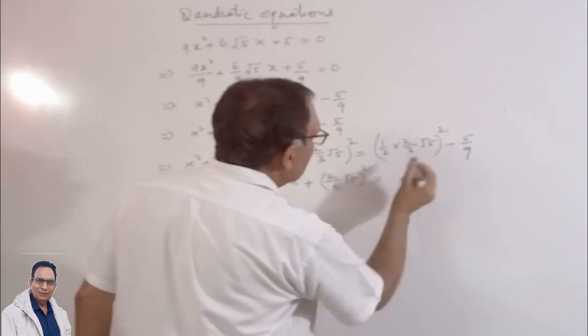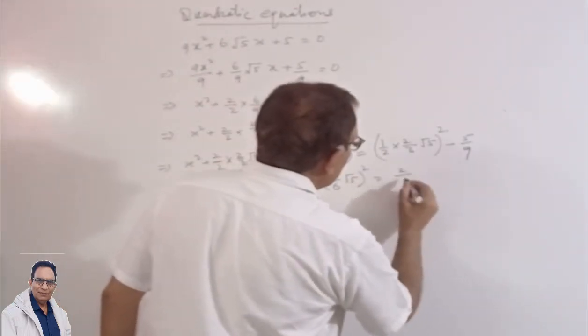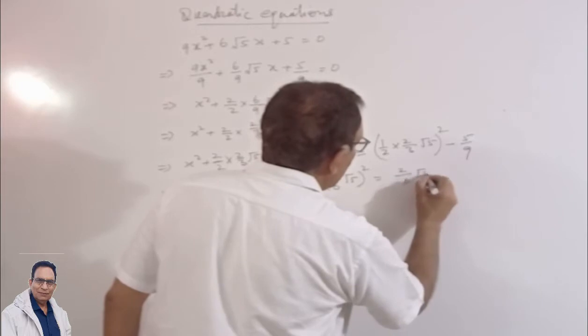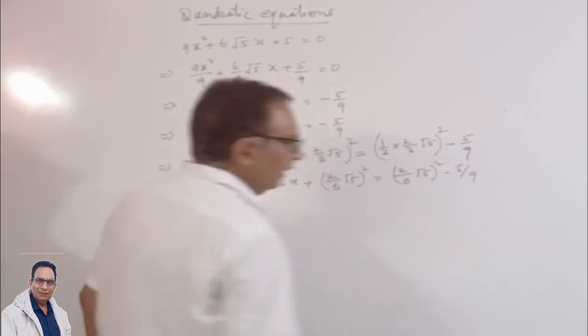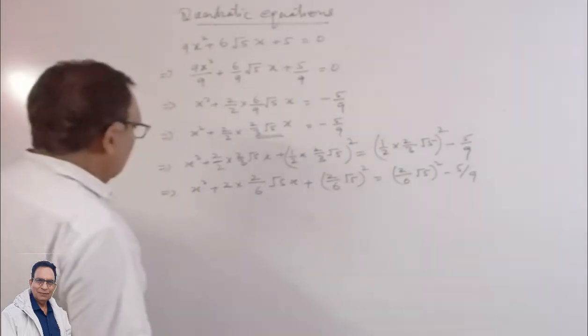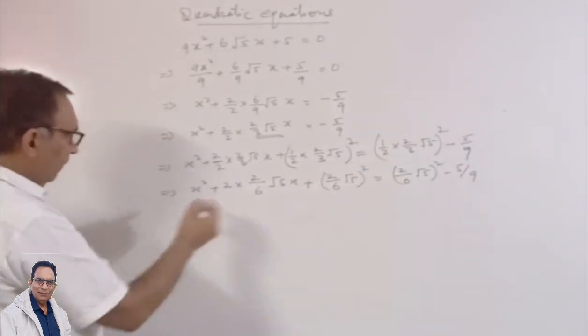Here also, that is 2 over 6 radical 5 square minus 5 over 9. Solve it a little bit more.